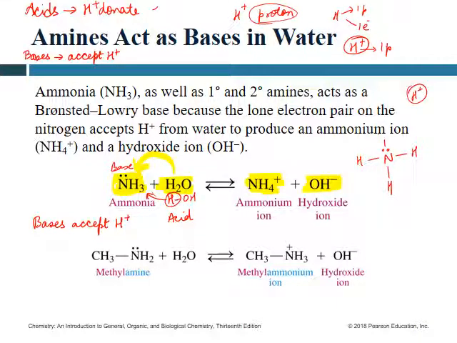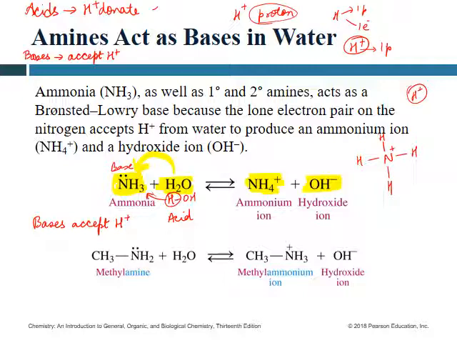This type of bond is called a coordinate bond, where both the electrons are provided by one of the atoms, in this case nitrogen. Therefore this nitrogen now has a positive charge.